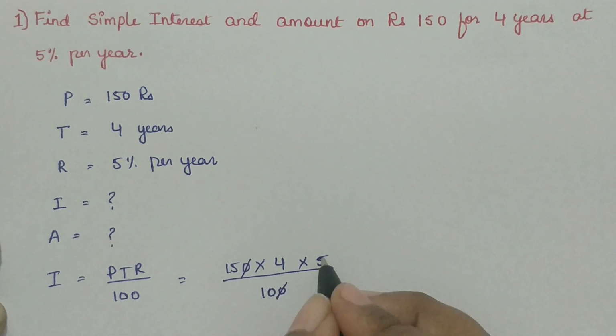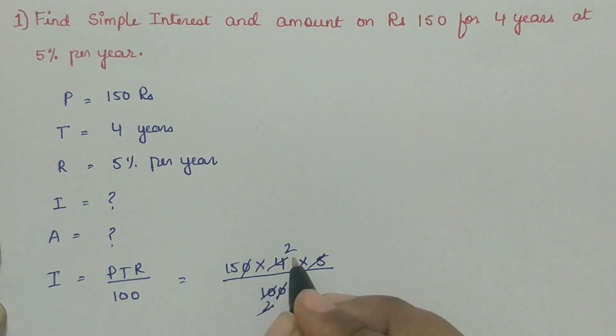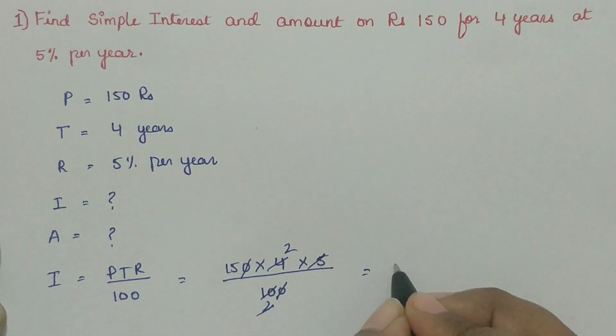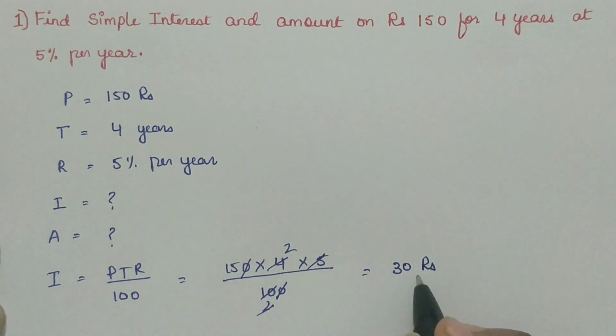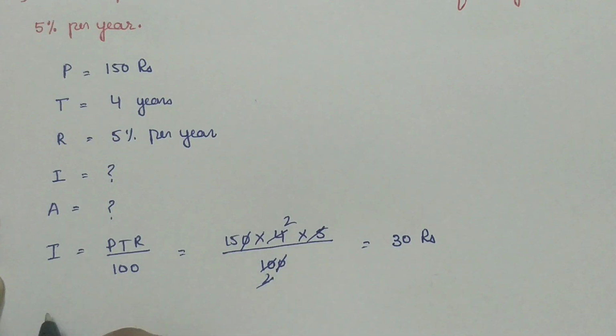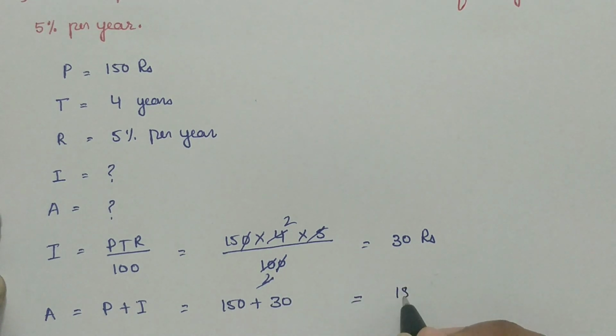The zeros cancel. 5 twos are 10, 2 times 15 into 2 is 30 rupees. Therefore, simple interest equals 30 rupees. Amount equals principal plus interest, equal to 150 plus 30 rupees, equal to 180 rupees.